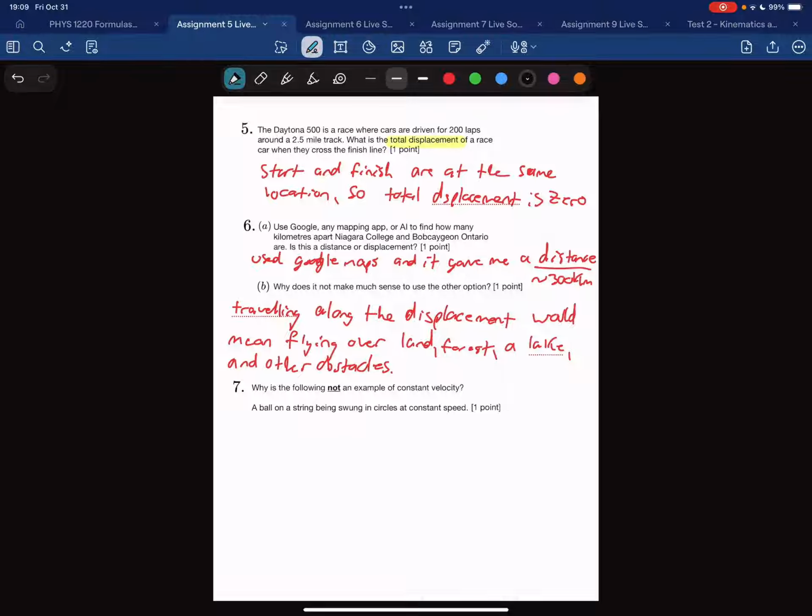The big reason why this doesn't make sense is this is not how you would actually get there.